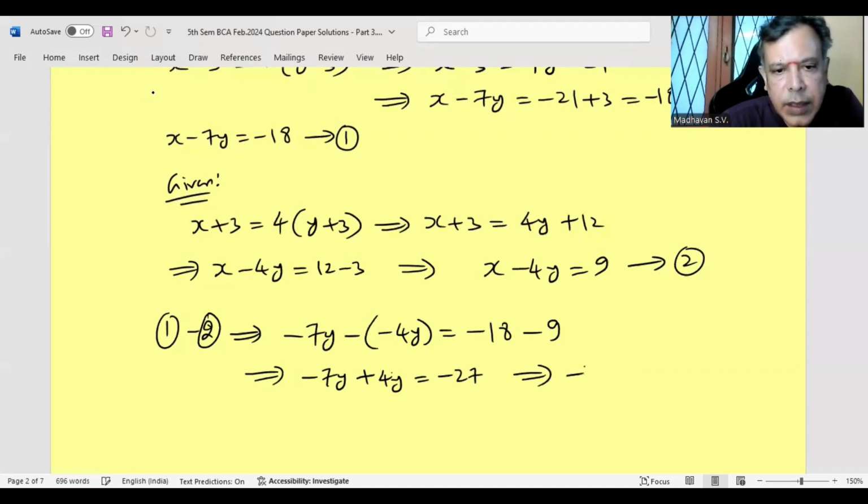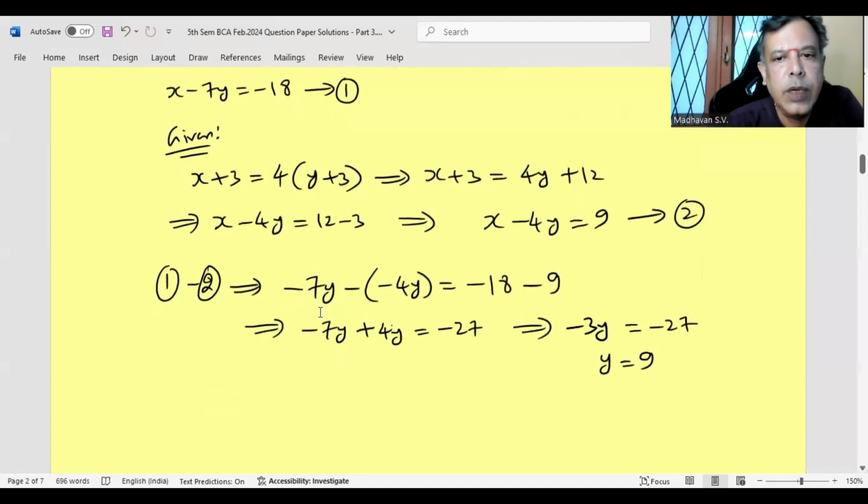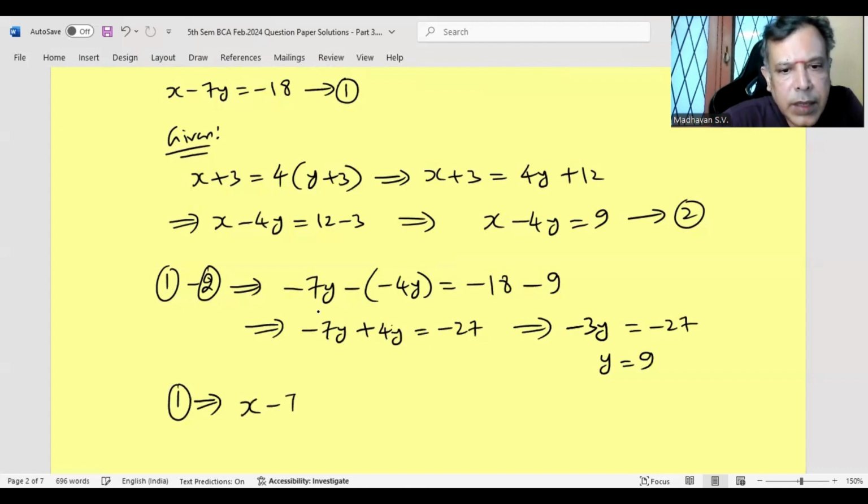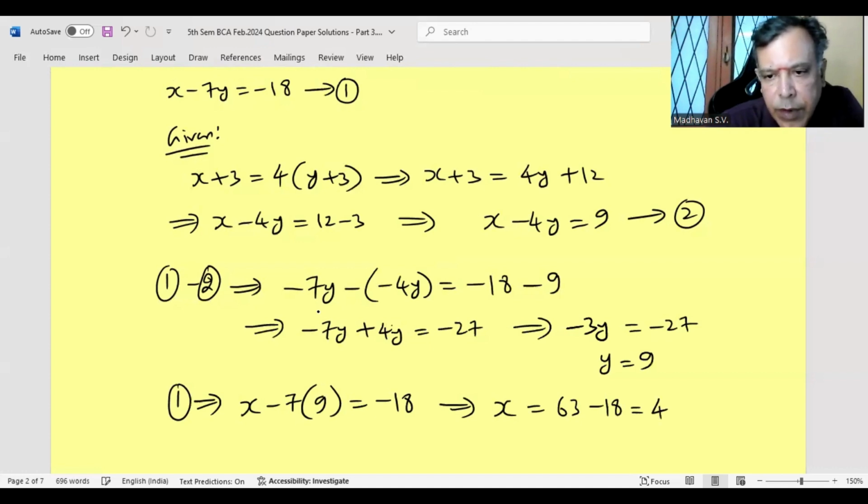That means minus 3Y equal to minus 27, or Y is 9. Okay, now let us find out X by substituting in the first equation. X minus 7 times 9 is equal to negative 18, which means X is equal to 7 9s are 63, negative. If I take it to the other side, it becomes positive. 63 minus 18, that will give us 45.